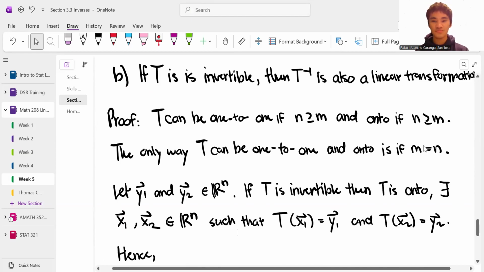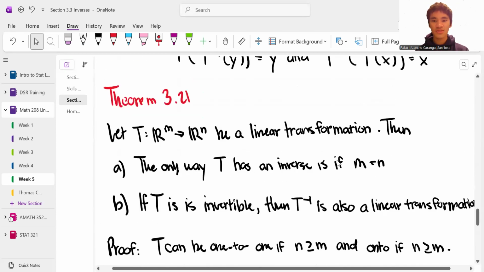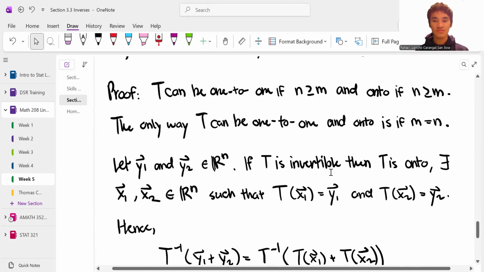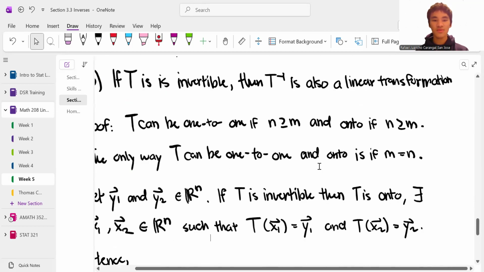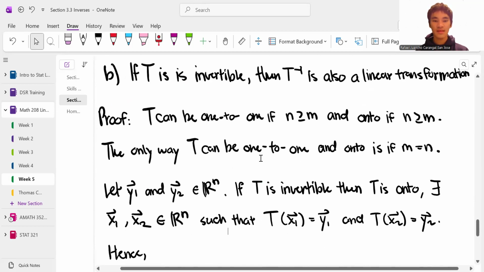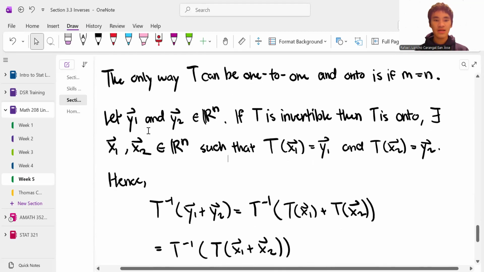Okay? Why not greater? Because it says so here. There won't be an inverse if they are not equal. So if N was greater than M, there won't be an inverse, but we want there to be an inverse. Okay. And then we let y sub 1 and y sub 2.